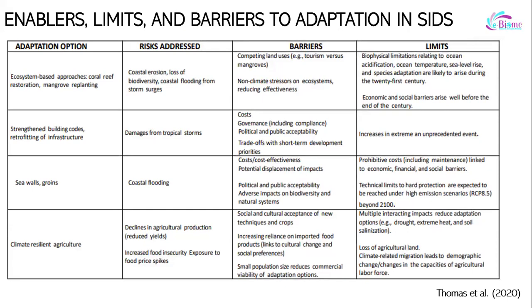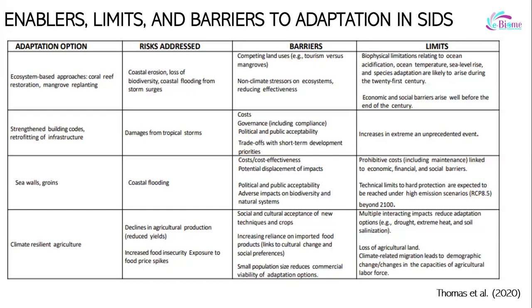We can look at an example of enablers, limits, and barriers to adaptation in cities, and we can use coral reef restoration as an ecosystem-based adaptation approach. Specifically, we can look at different risks that this ecosystem-based approach is used to remedy, such as coastal erosion, loss of biodiversity, and coastal flooding.